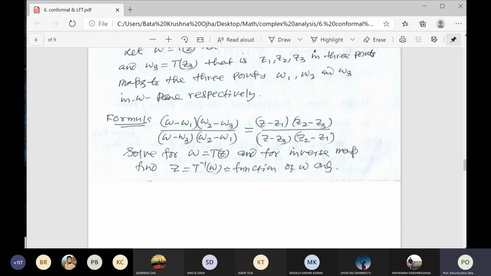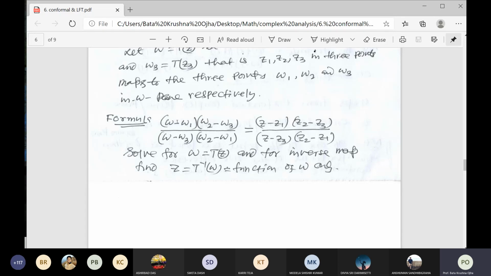You see, if W1 is infinity, now the first factor, W minus W1 by W2 minus W1, is where the point at infinity is included. Here W1 is infinity, so the numerator is W minus infinity, and the denominator is W2 minus infinity.